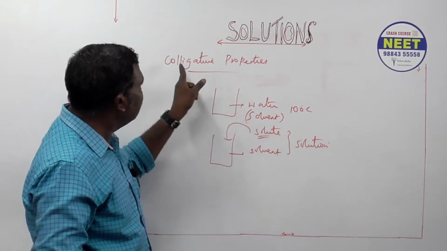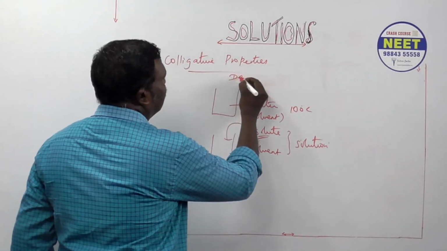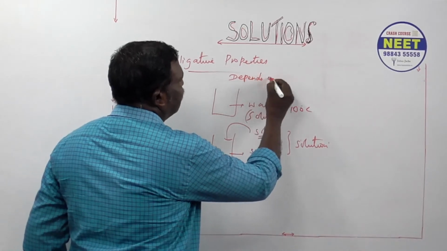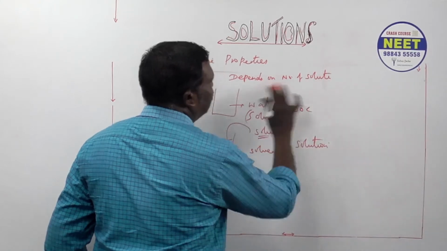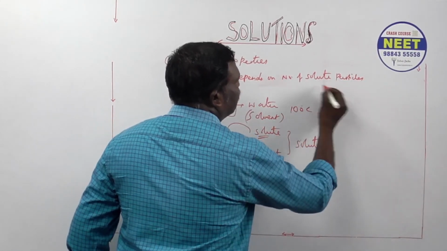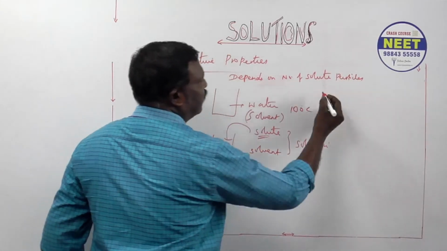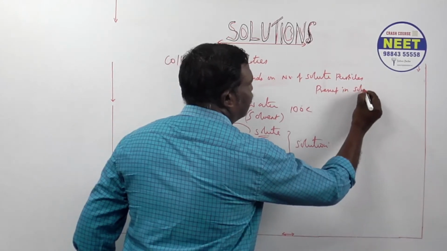Then only this is called what? Colligative properties. Colligative properties are nothing but they depend upon what? They depend on the number of solute particles present in the solution.